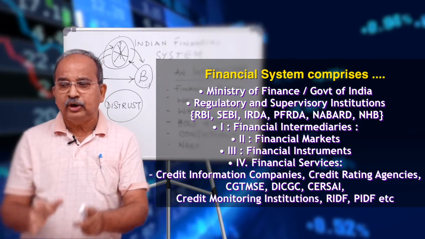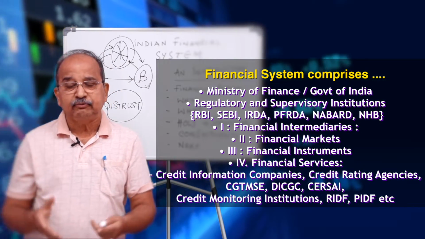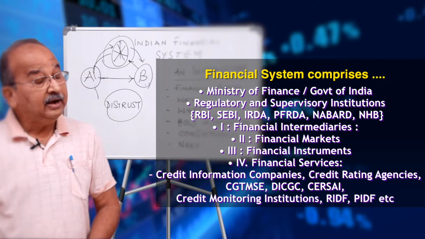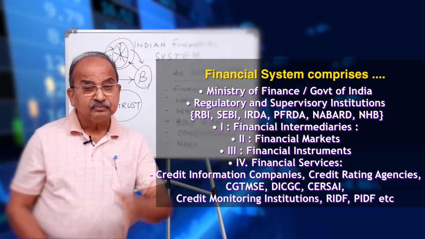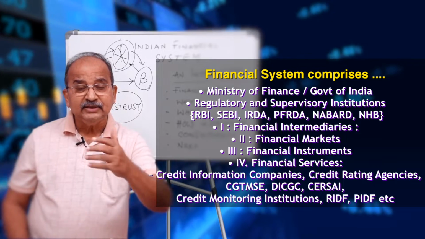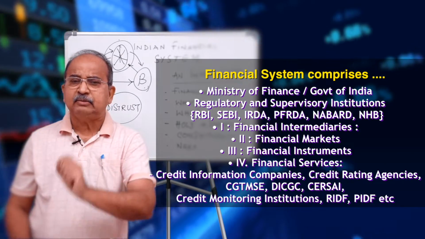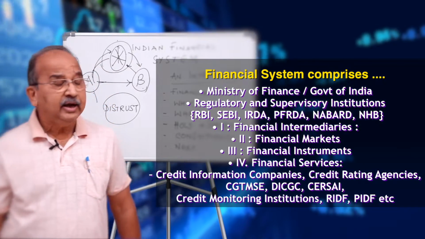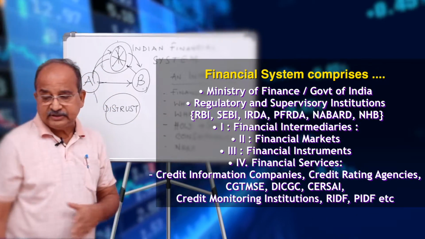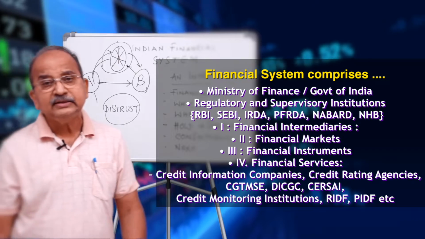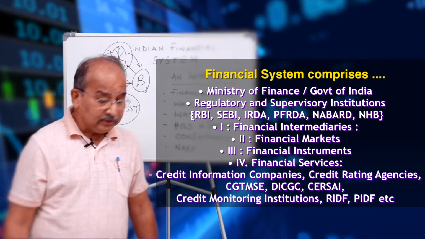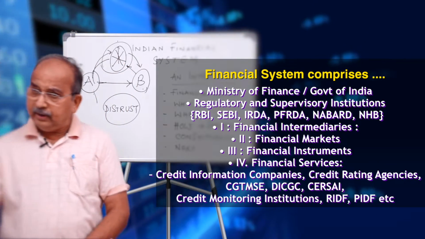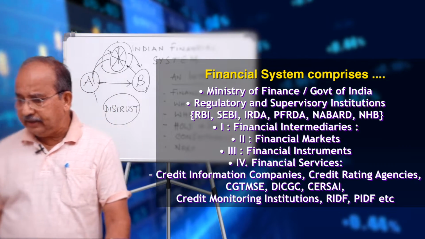These are known as financial instruments. And last but not least, to make things work in a structured and systematic way, support organizations are always required, and those support services are called financial services, provided by different organizations.